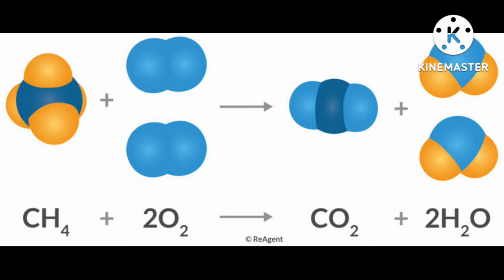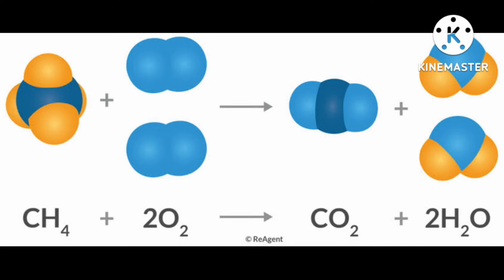Here methane and dioxygen, O2, meaning two atoms of oxygen, are called reactants. That means the left side is called reactants, and on the right side carbon dioxide and water are formed.